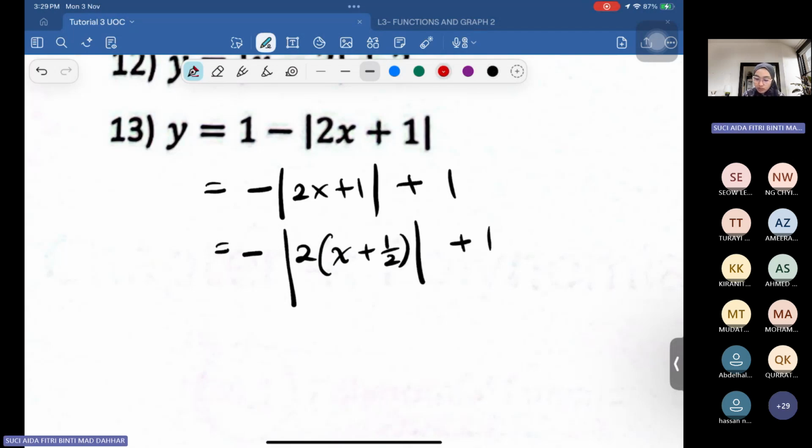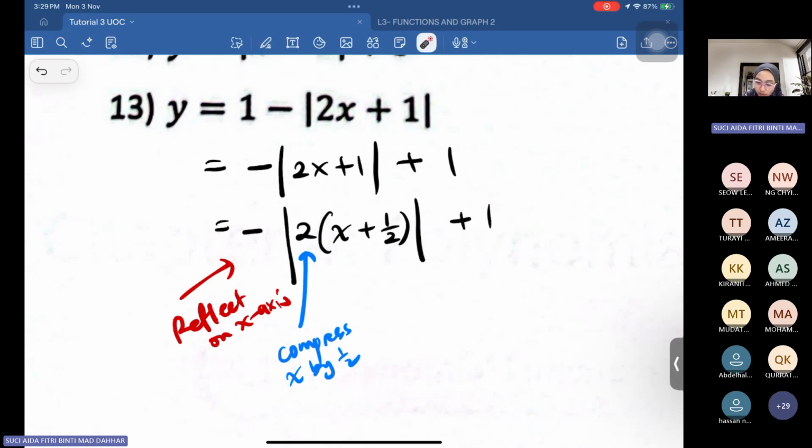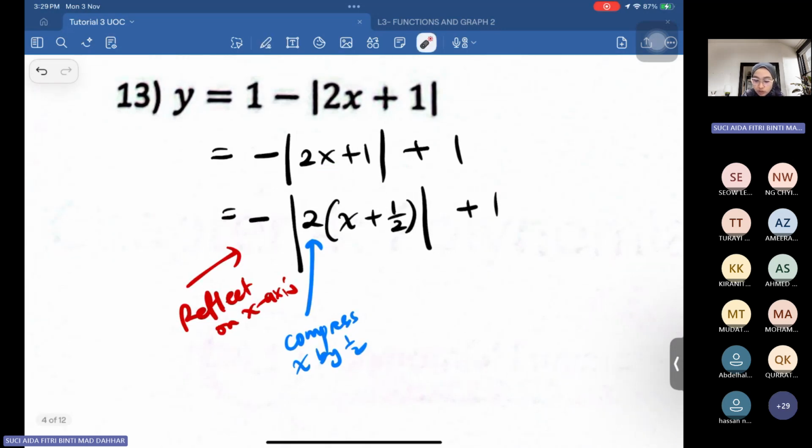Okay, why do I need to put it in this form? So that we know what happened to each of these changes. Negative, this is reflect on x-axis. Multiplying x by 2, what does this do? Stretching or compress? Compress, correct. Compress your x, become half, right? So once your x already become half, you are not supposed to move by 1 unit, yeah?